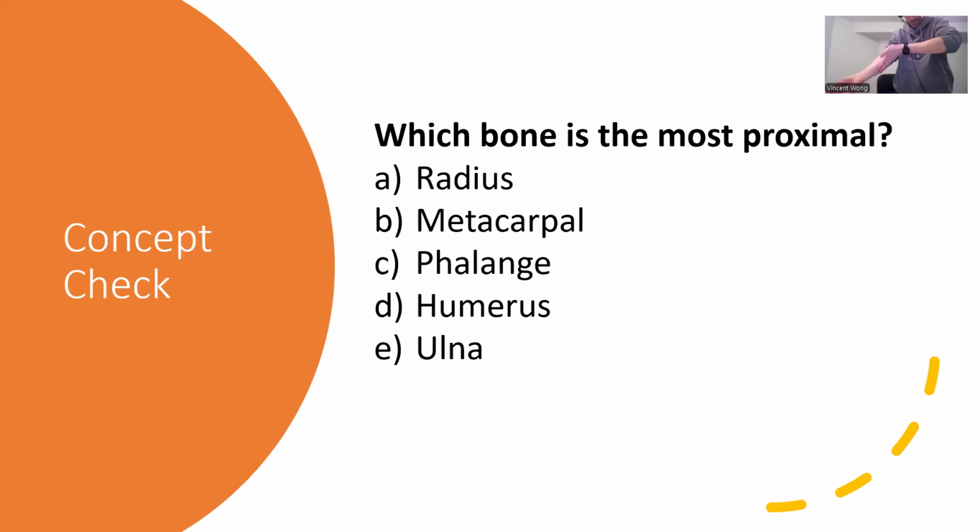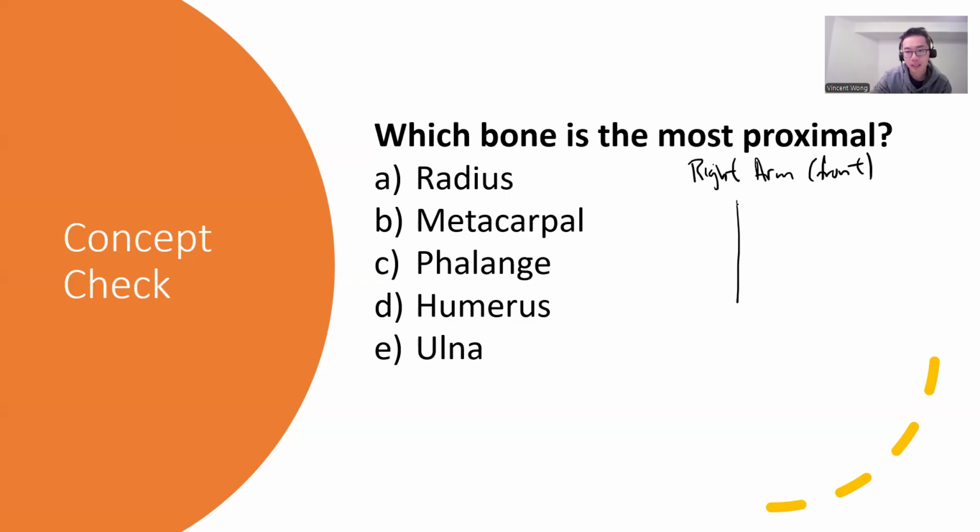Got it? And then the hand. Wrist bones, we call them carpals. Back of the hand, metacarpals, and then fingers, phalanges. If you want, you can draw it out like this. Let's say this is the right arm from the front.